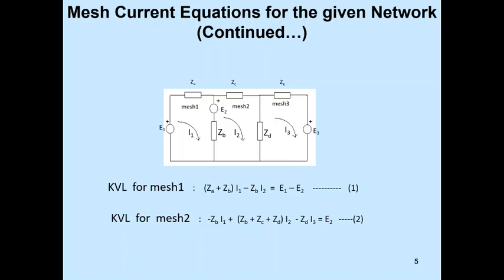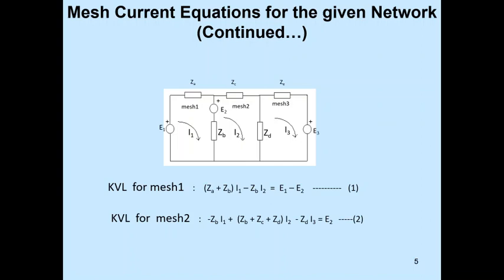How is this equation 2 obtained? The algebraic sum of all voltages in mesh 2 is equal to 0. Considering E2 and the current I2, we add all the voltages in the circuit, which is equal to 0. The voltage across ZB is (I2 minus I1) into ZB. The voltage across ZC is I2 into ZC.